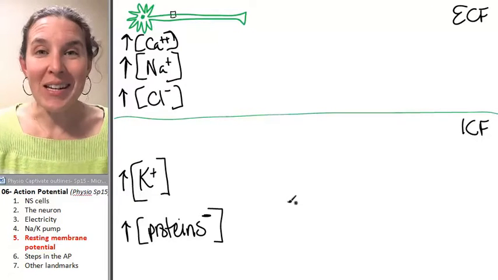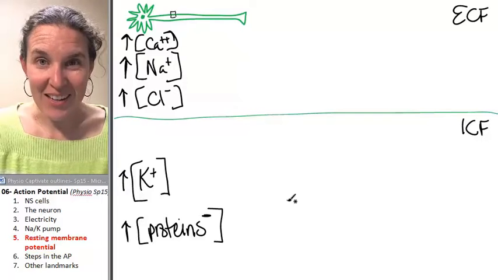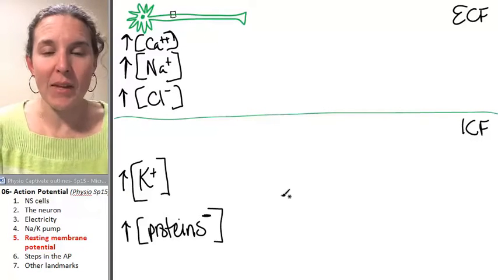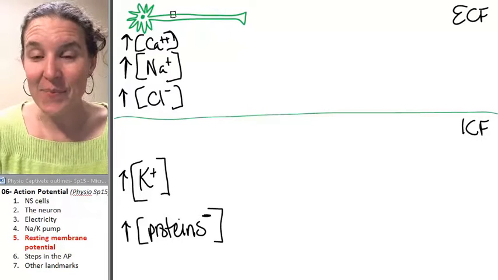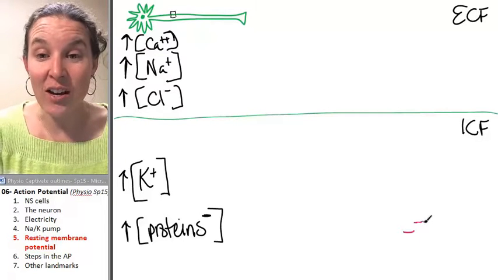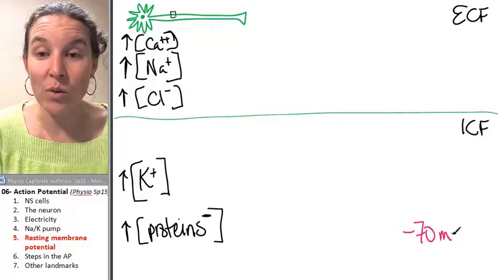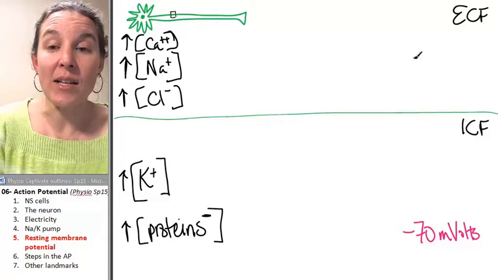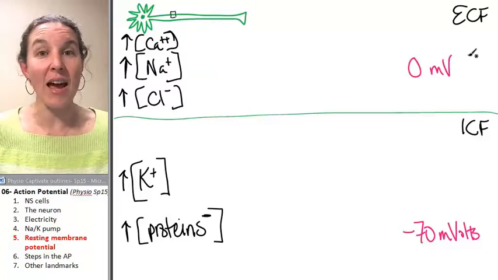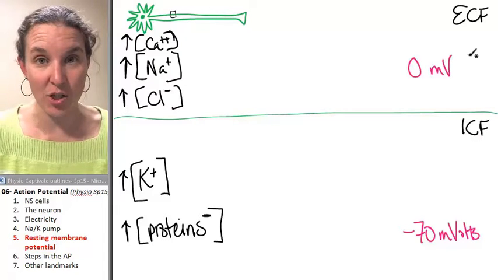And when it does its job, and if it's working, then here's the deal. Are you ready for this? Inside, there is a net charge of negative 70 millivolts when compared to the outside. So outside, there's a charge of 0 millivolts. That's the membrane potential.